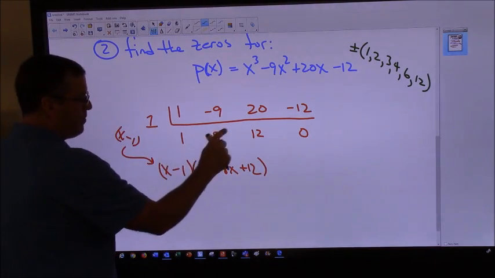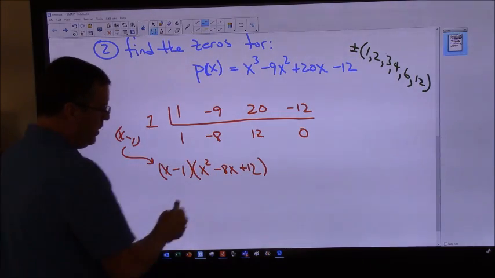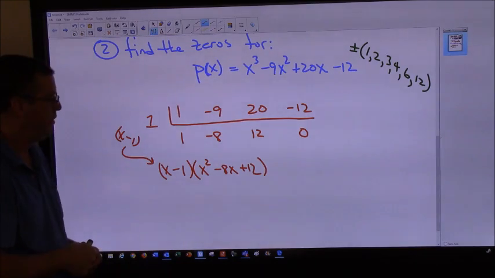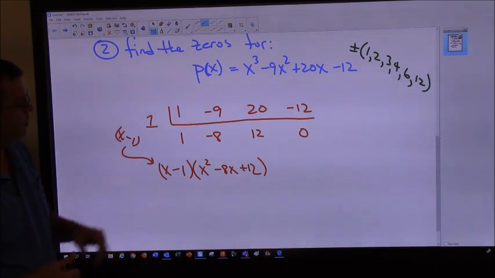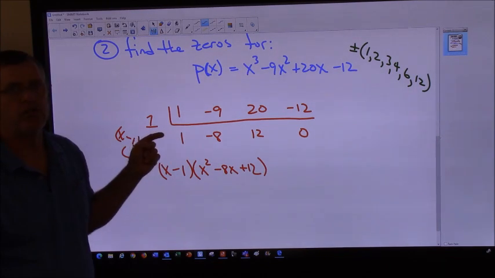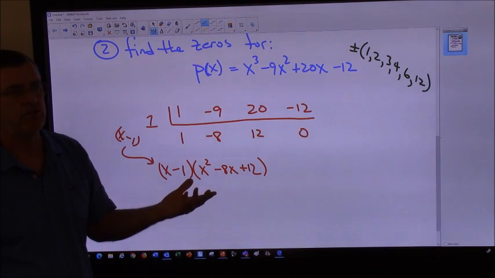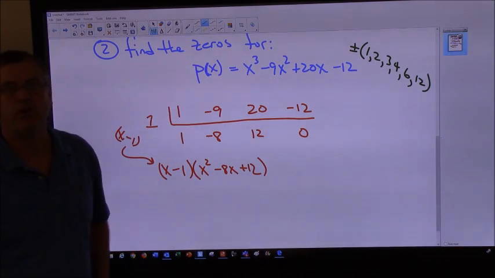Every time I get down to 3 numbers, I'm then going to write that as a quadratic because now I can factor that. Now some people might say, well, couldn't I do synthetic division with these 3 numbers here and try and find another one? Sure, you could. I feel like factoring is easier, but if someone thinks, no, Mr. Judson, synthetic division is easier, go ahead and do it that way.